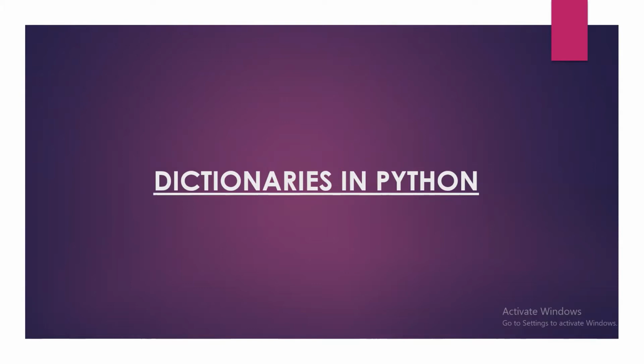In the last video, we completed lists in Python. We saw how we can create a list. We saw how we can obtain specific elements of a list by using its index number.